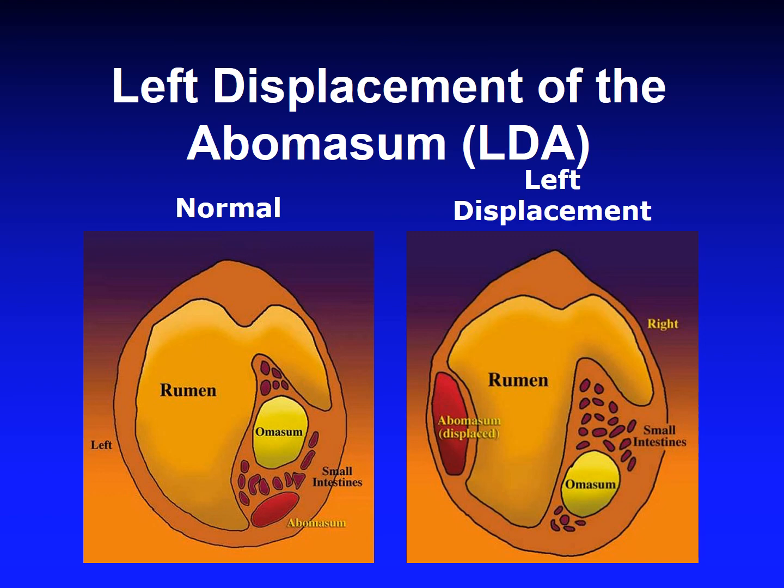And the left picture shows the normal positioning. In the right picture, however, you will see that the abomasum, which was on the right-hand side in the ventral aspect of the abdominal cavity, moved to the left-hand side. That's left displacement of the abomasum.